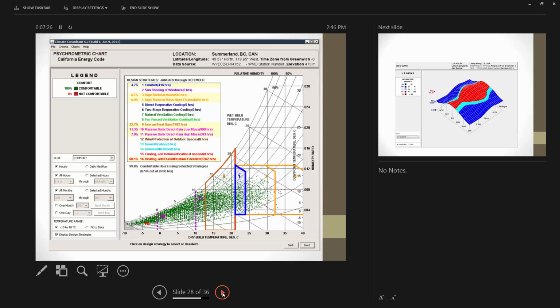This is another free downloadable program. And so you can go in, for example, this one just is from Summerlin, British Columbia. It has very specific weather station data, not just climate zone data, but very specific weather station data.